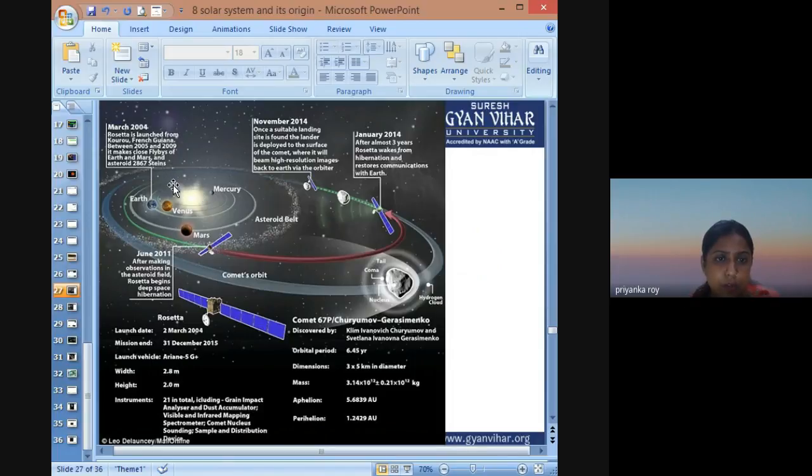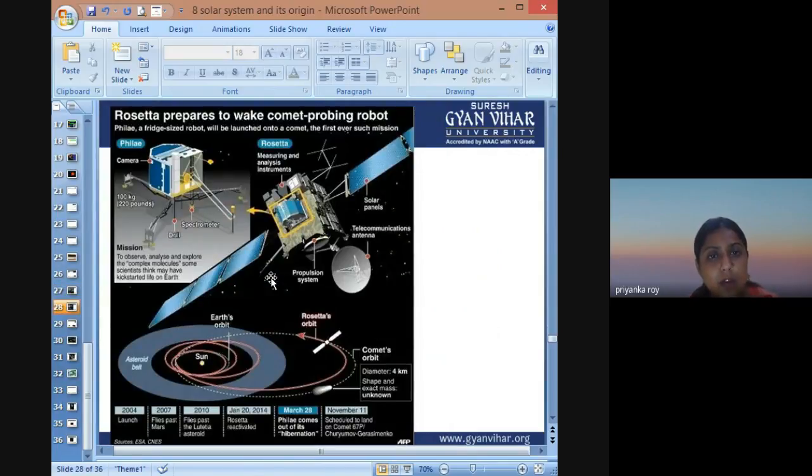It started moving away from the Earth's atmosphere on a circular path, and eventually merged with the path of the comet. It kept following it and kept sending its information and pictures through remote sensing back to Earth, showing what it is, what the materials are, and what the characteristics are. So Rosetta prepared comet-orbiting robots like Philae.